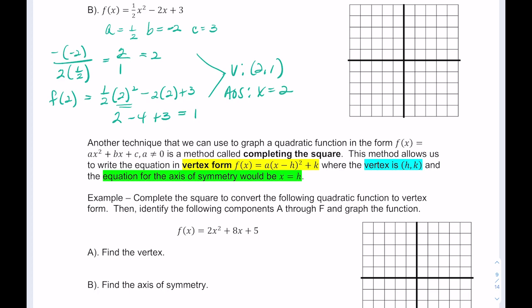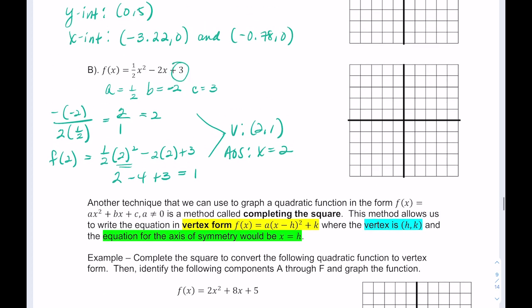My y-intercept is my c value. Okay, so if I graph what I have so far, I've got 2, 1 is my vertex, and then here is my axis of symmetry. And then I've got my y-intercept, which is 0, 3.